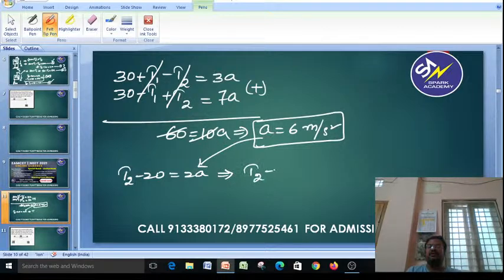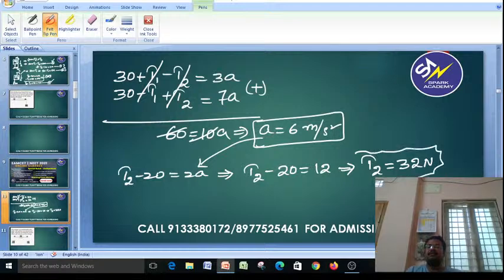T2 minus 20 is equal to 2 times 6, which is 12. So what about the tension T2 in the second string? 20 plus 12 is equal to 32 Newton.